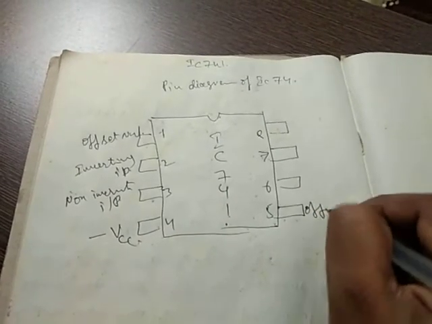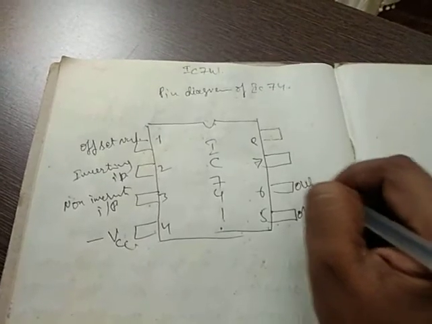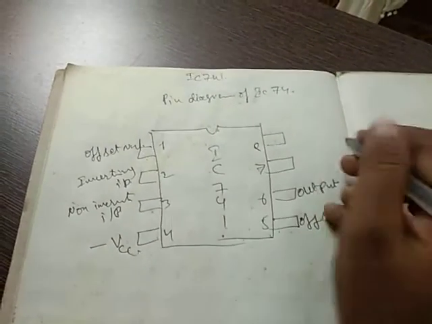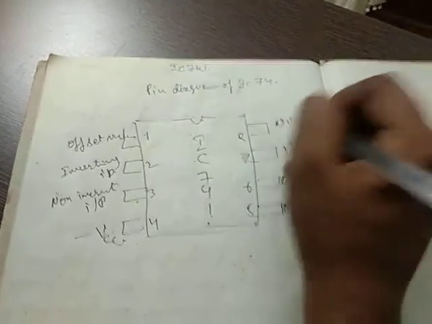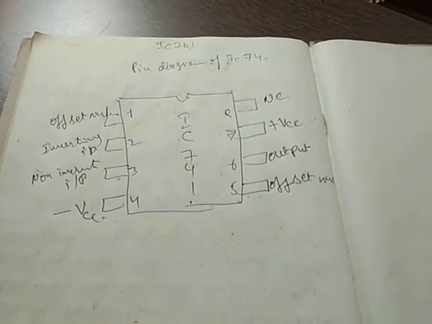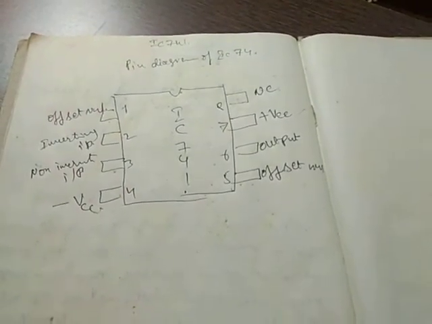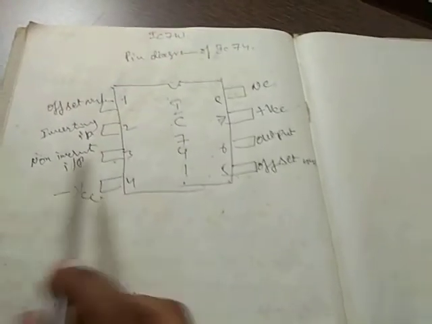Fifth pin is offset null. Sixth pin is output. Seventh pin is plus VCC. Eighth pin is no connection. This is the pin diagram of IC741.